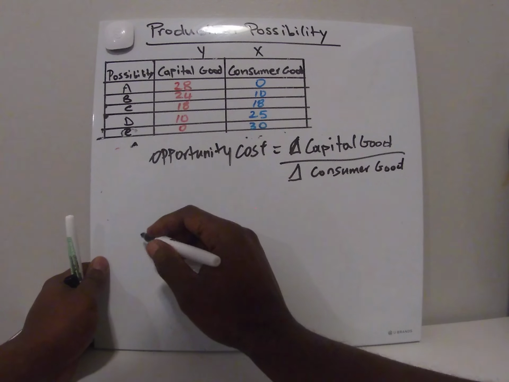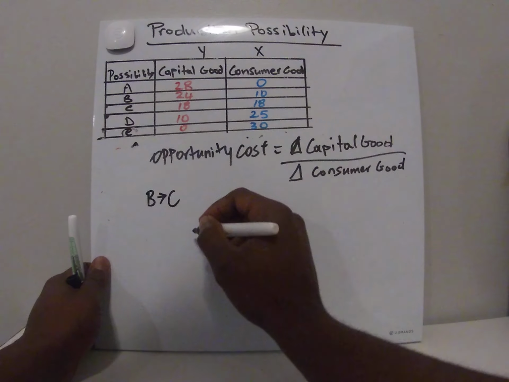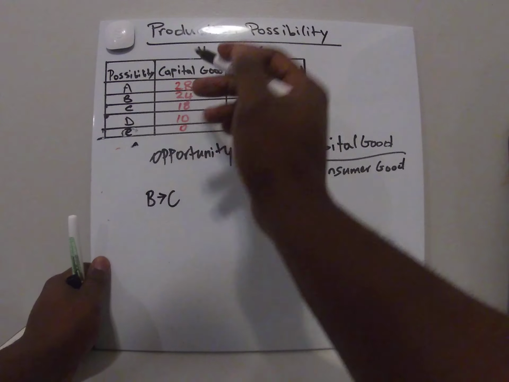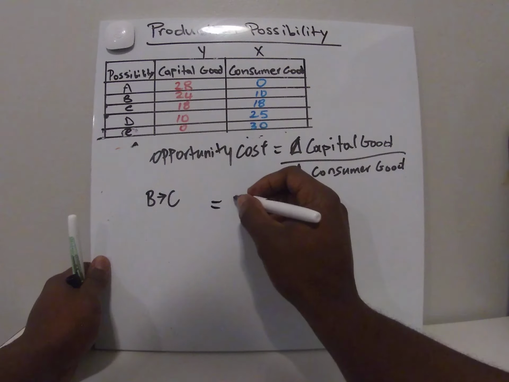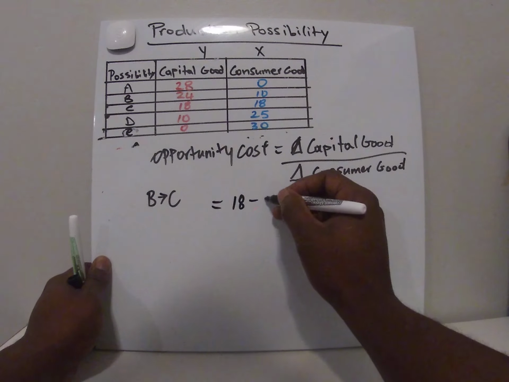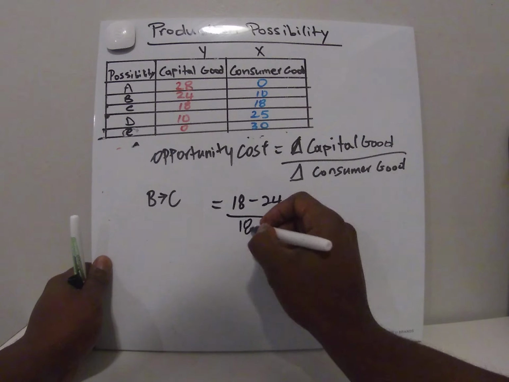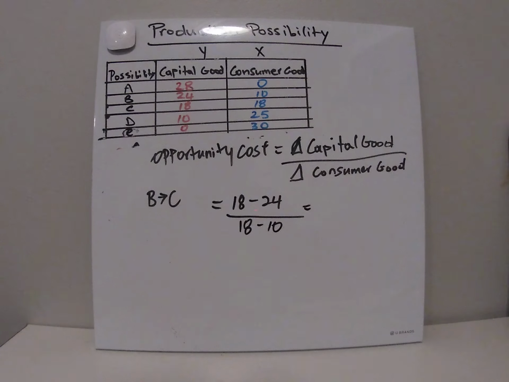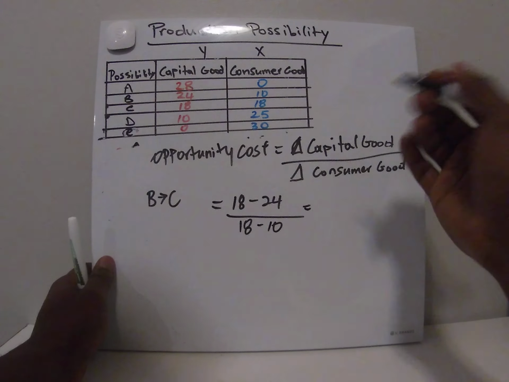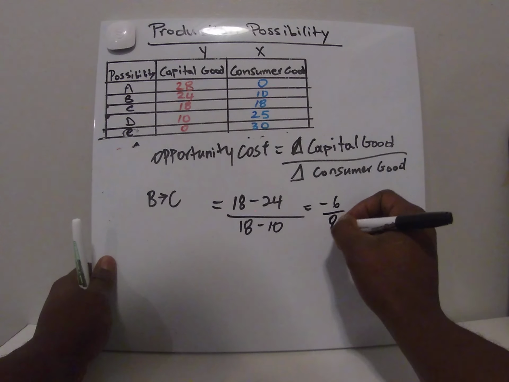So we're doing from B to C. Because it's a change, we have to use the current minus the previous. So the opportunity cost would then equal 18 minus 24 divided by 18 minus 10. And then we get negative 6 divided by 8.